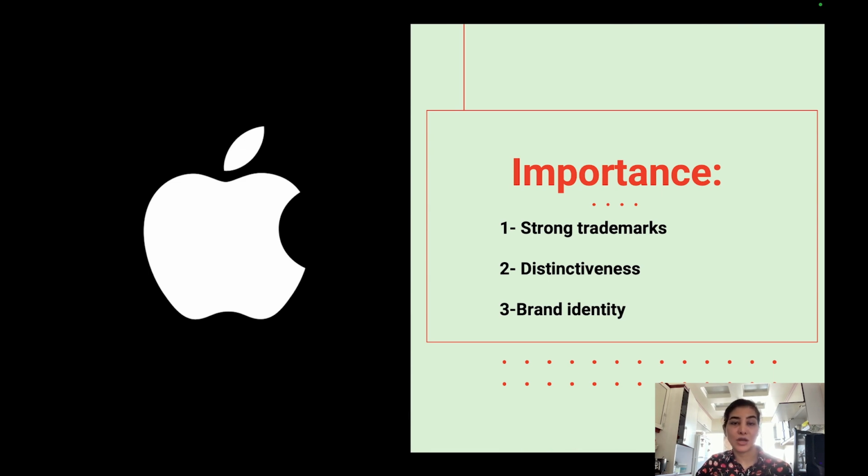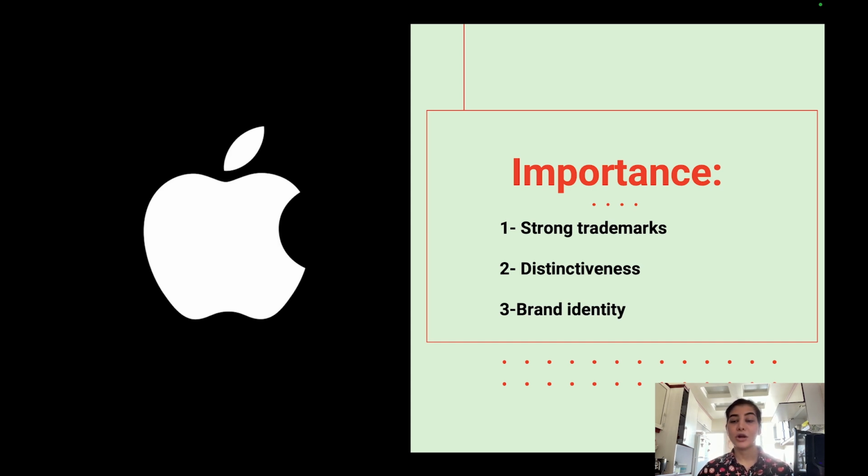Electronic products like mobiles and laptops are not related to the word Apple, and because this relationship is not very descriptive and it is not generic, we call them suggestive marks.